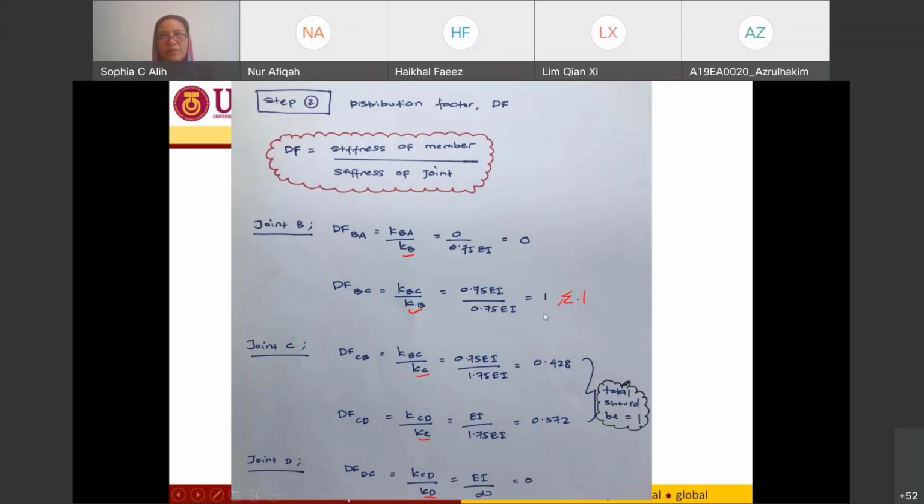For the fixed end, since you have to divide by infinity, it's going to be 0. Okay, so these are the steps for the calculation of distribution factor. As you can see, there is no new equation. You just have to use whatever values that you have already calculated in step 1.